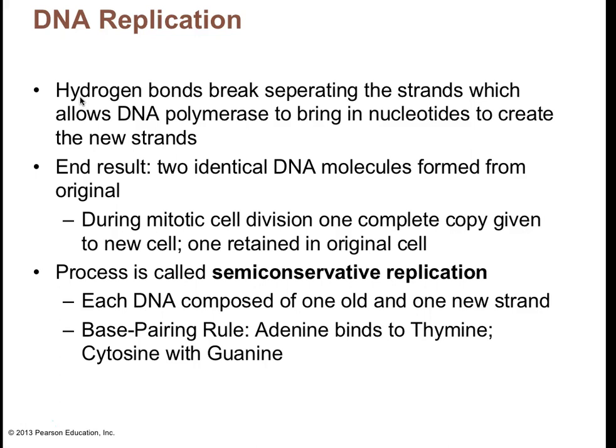And so the weak link breaks the most easily, and you divide the molecule once it unwinds straight down the middle. In the end, you're going to get two identical DNA molecules formed from the original, and then you're going to move the molecules in mitosis.